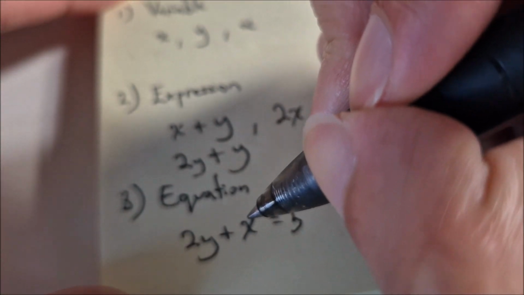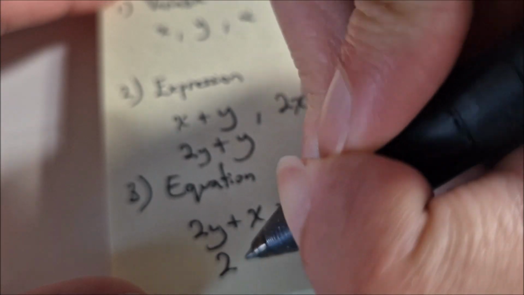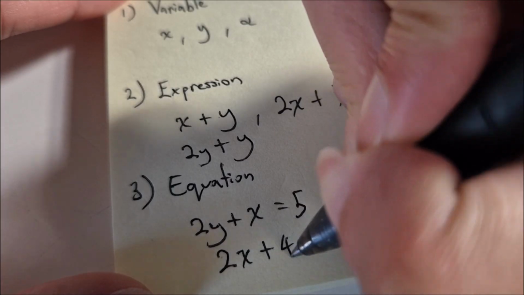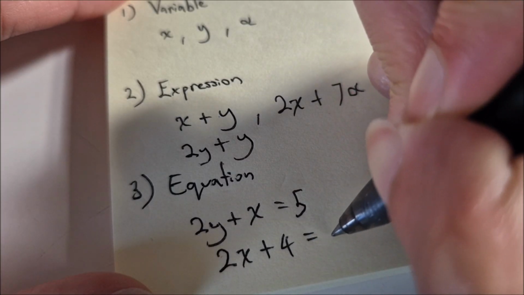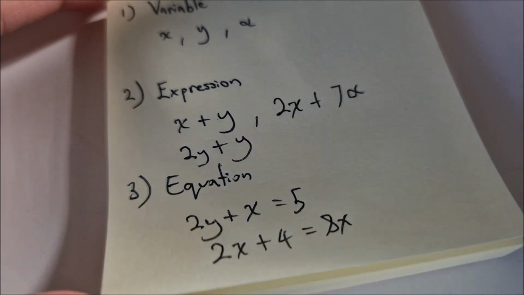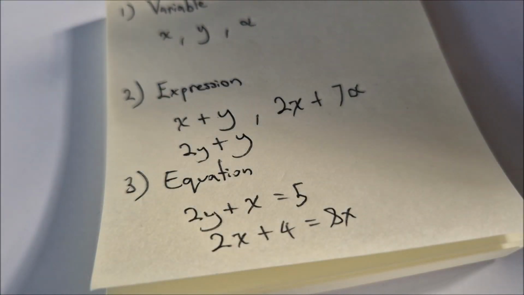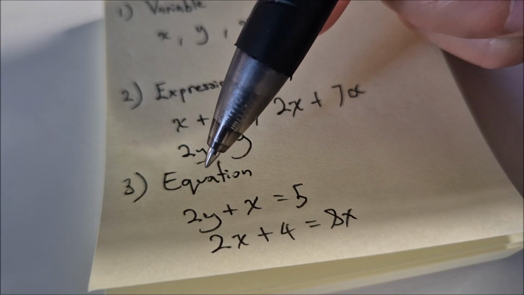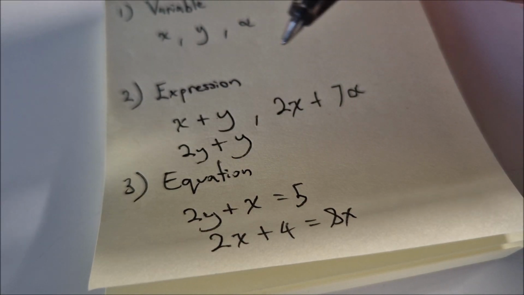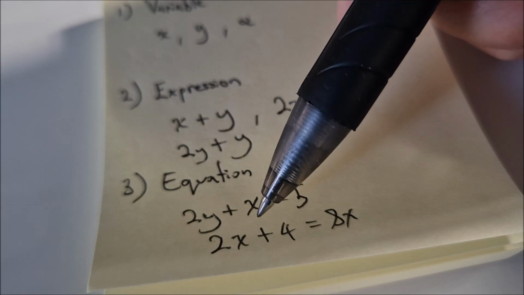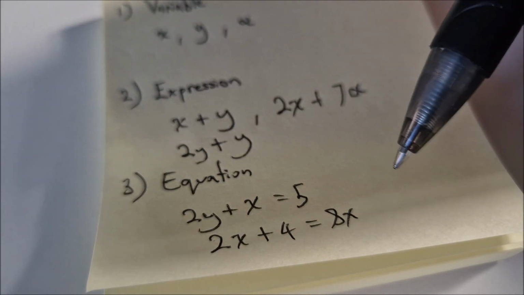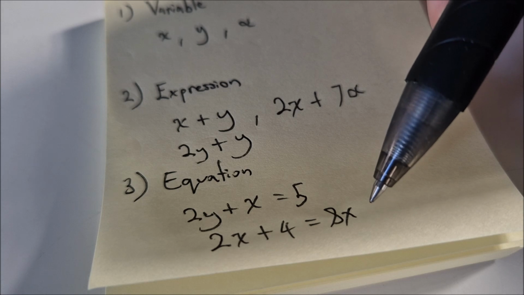Or you can have 2x plus 4 equals 8x. This equation has two variables, y and x. This equation only has one variable, x, over here, and 8x over here.